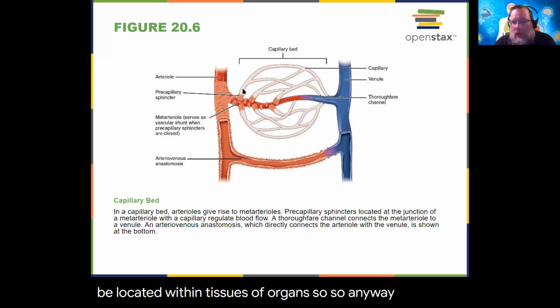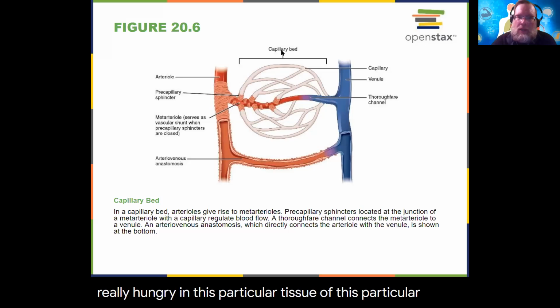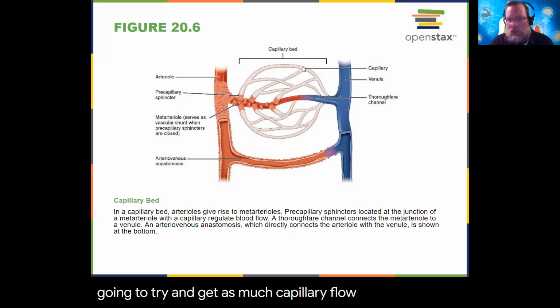So depending on the needs of the cells, if the cells are really hungry in this particular tissue of this particular organ, then all these sphincters are going to be relaxed, and we're going to try and get as much capillary flow going into all of these different pathways. Now, during stressful situations, I may not need as much energy, or maybe during sleep.